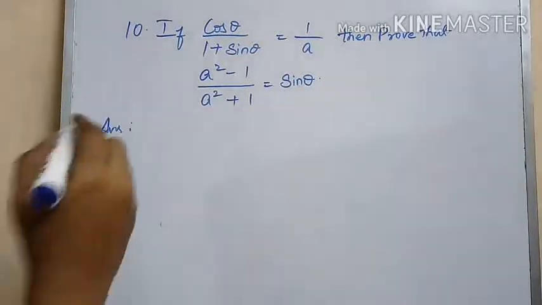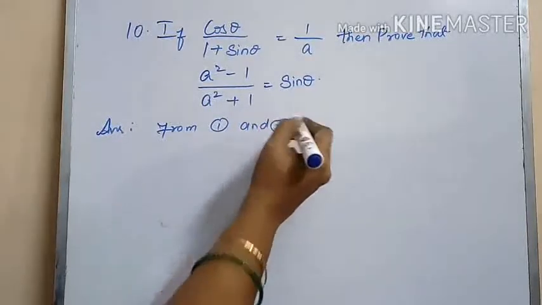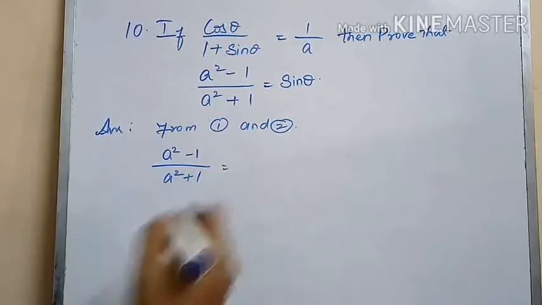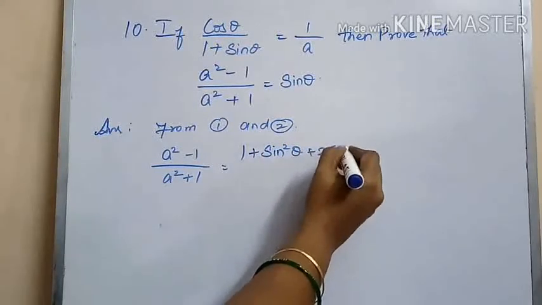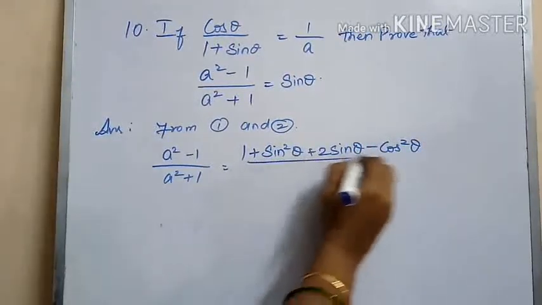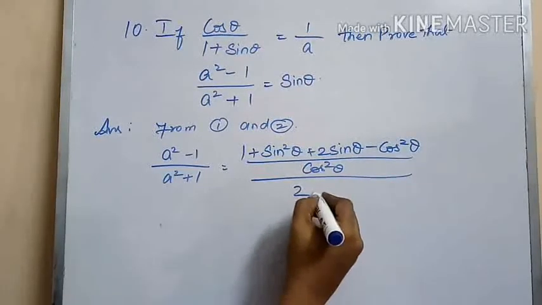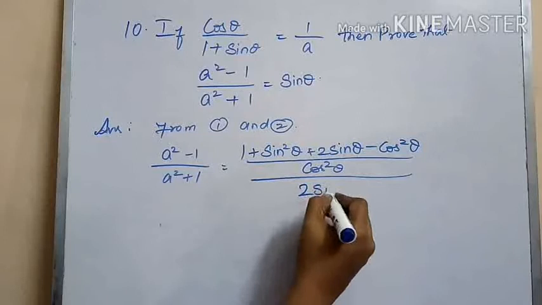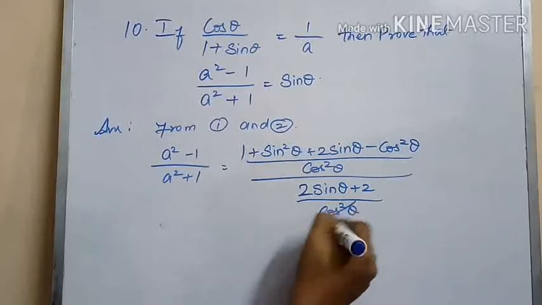From 1 and 2, we get a squared minus 1 by a squared plus 1 is equal to 1 plus sin squared theta plus 2 sin theta minus cos squared theta, whole divided by cos squared theta, and in the denominator we substitute a squared plus 1, which is 2 sin theta plus 2, whole divided by cos squared theta.